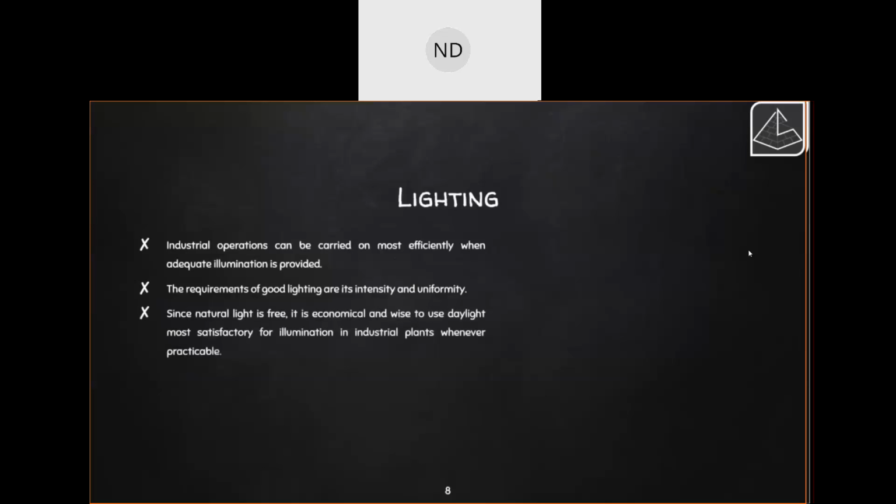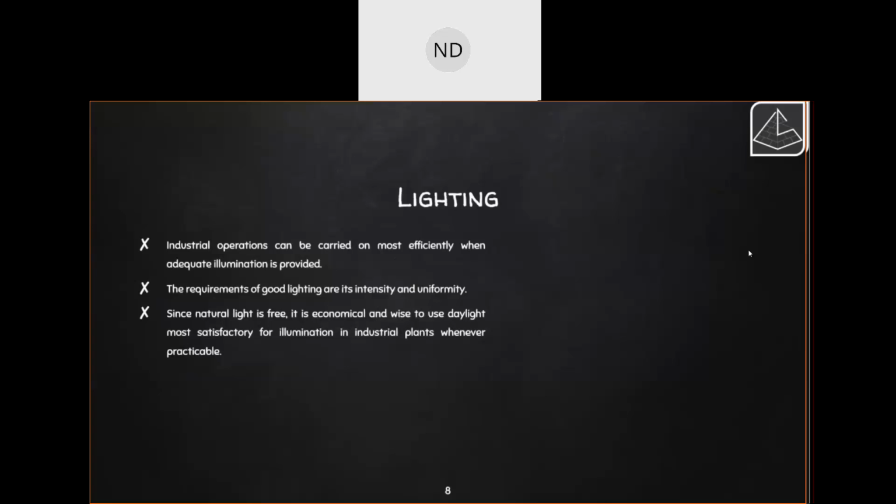Since natural light is free, it is economical and wise to use daylight as the most satisfactory illumination in industrial plants, because providing a large electrical lighting system has an expensive cost.